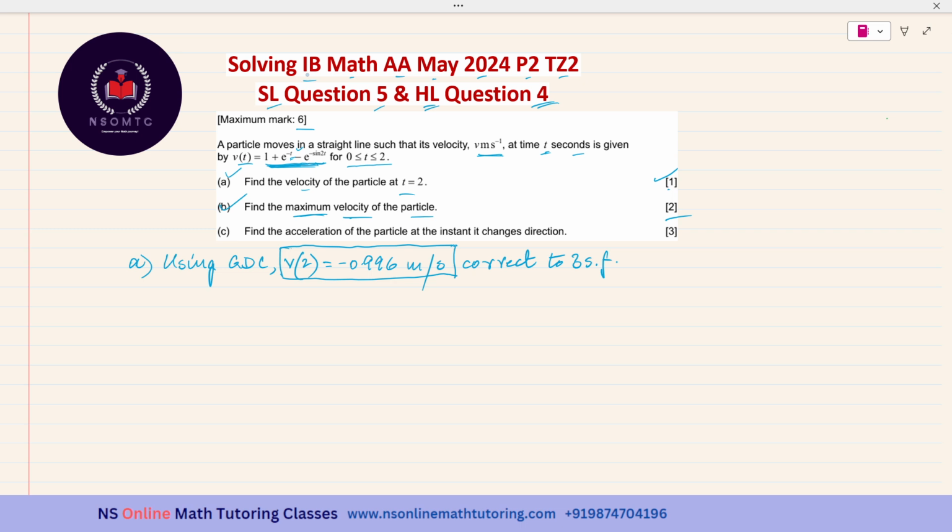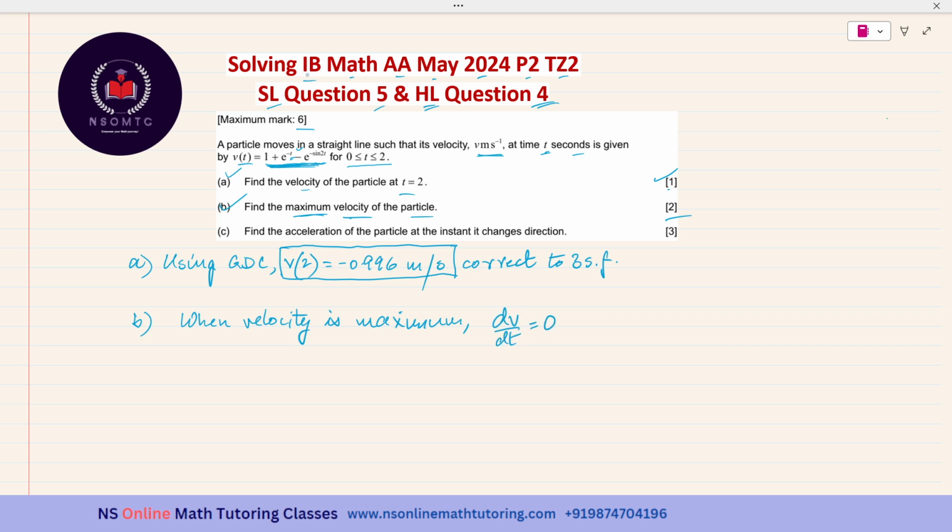But I'm not using the graphical method for this question. You can of course use the graphical method. I'm showing you the algebraic method. So when velocity is maximum, dv by dt is equal to 0.